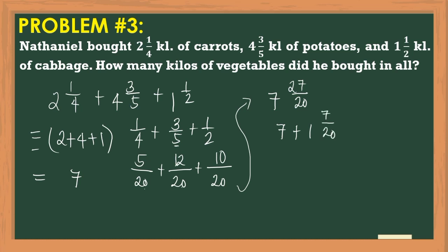Mag-a-add tayo ng 1 dun sa whole number. So, magiging 8 and 7 over 20 kilograms. Ibig sabihin, ito yung total kilos of vegetable na binili ni Nathaniel.